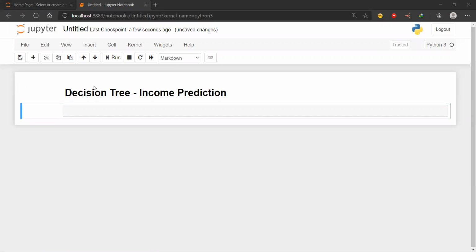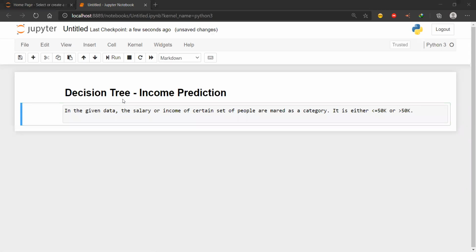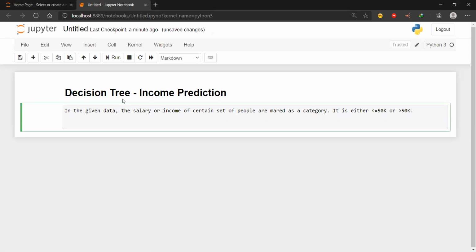I have some data where, in the given data, the salary or income of a certain set of people is marked as a category. It is either represented as less than or equal to 50,000 or greater than 50,000. This is what I have to find out, right? And what are the attributes which we have?